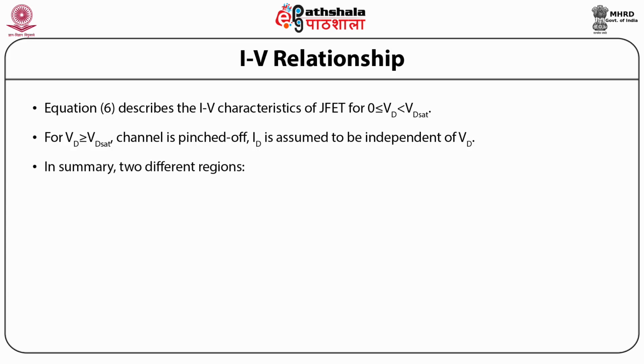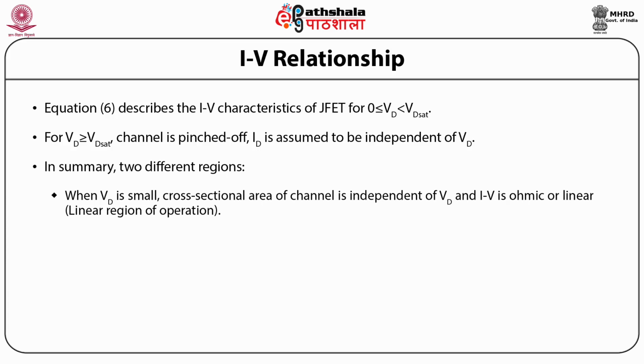So in summary, we have two different regions. First is when V_D is small, the cross-sectional area of the channel is independent of V_D, and the IV is ohmic or linear. This is the linear region of operation.